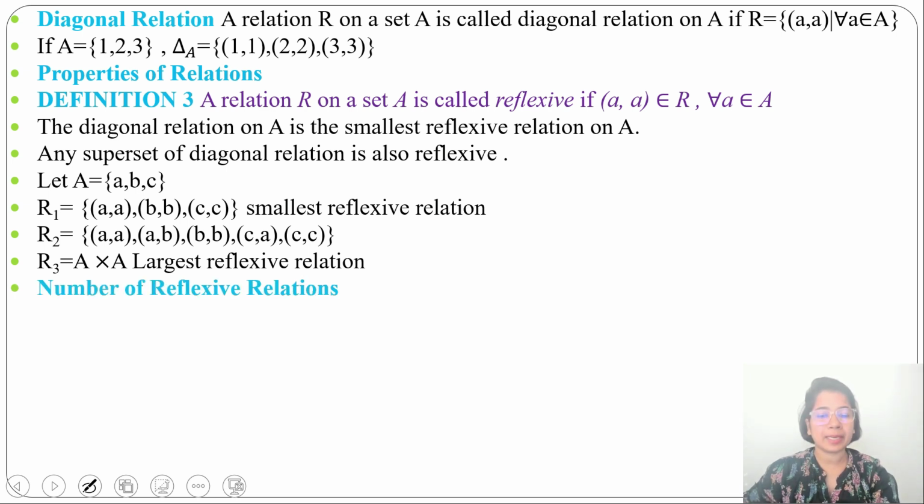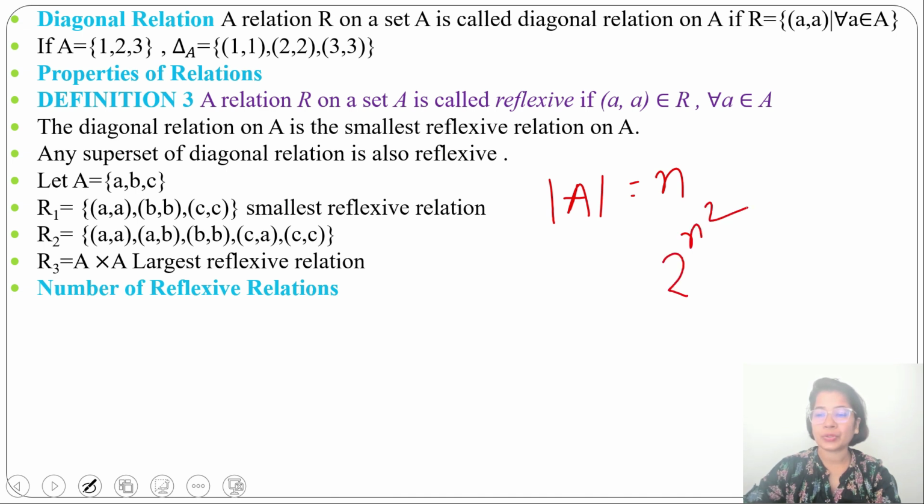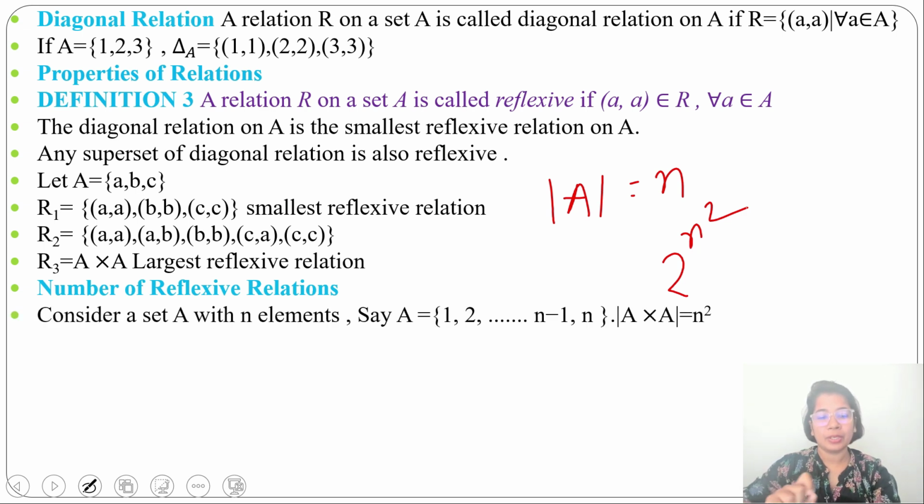Now the number of reflexive relations possible. So how many relations are possible? If the cardinality of A equals n, then the number of relations possible equals 2 power n square. I already discussed this in the previous lecture. Now from that 2 power n square, how many relations are reflexive? Consider a set A with n elements. Let A contain 1, 2, ..., n minus 1, n. Now A Cartesian product A contains n square elements.